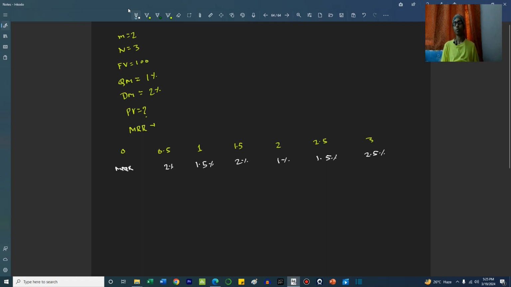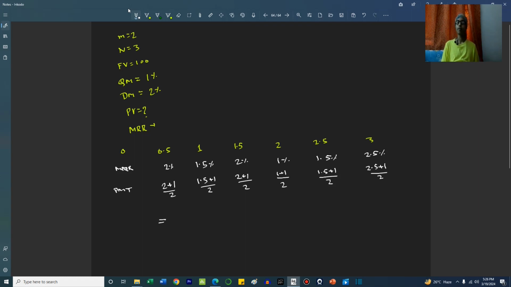So the periodic payment becomes 2 plus 1 by 2 for this one, 1.5 plus 1 by 2, 2 plus 1 by 2, 1 plus 1 by 2, 1.5 plus 1 by 2, 2.5 plus 1 by 2.